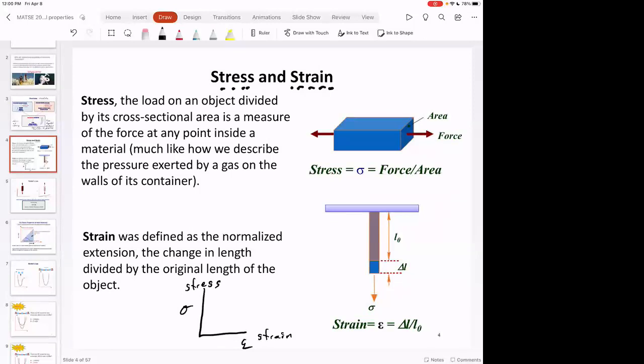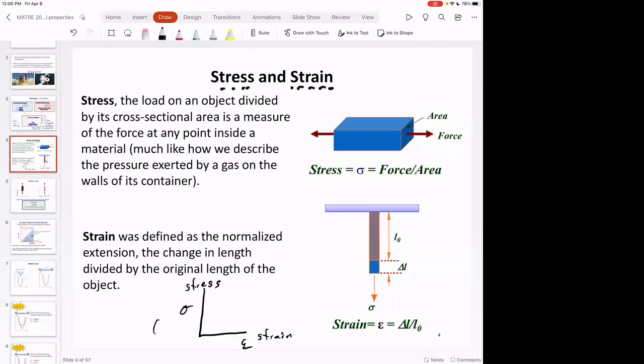Strain is a length measurement or dimensional measurement, percent elongation, some other thing like that. So it can be unitless, and it's usually unitless, or it can be in percent. What's the units of stress? Pressure, force per area.